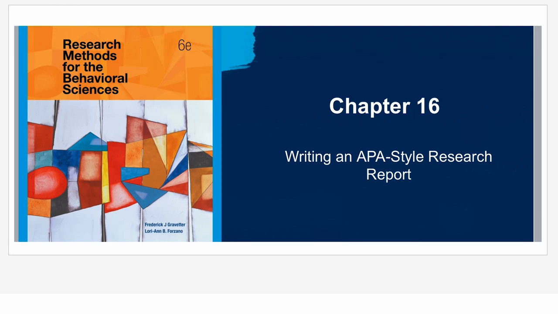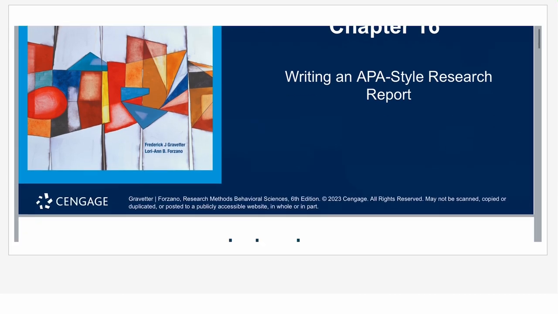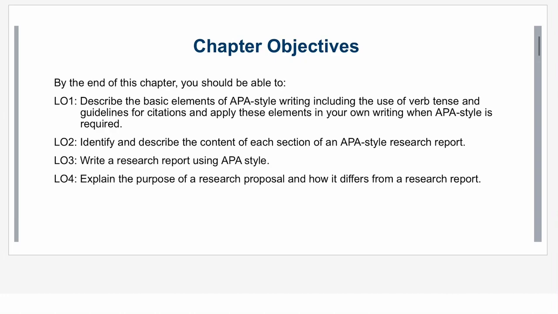It makes it easier to understand and compare with other research, and it just helps produce clear and concise reports, and basically describes why the research was done, how it was done, and then the results that were produced from it. There are only 4 objectives for this chapter, and they are right here.